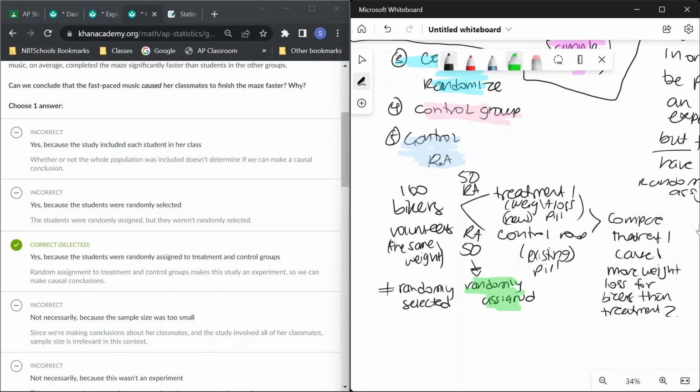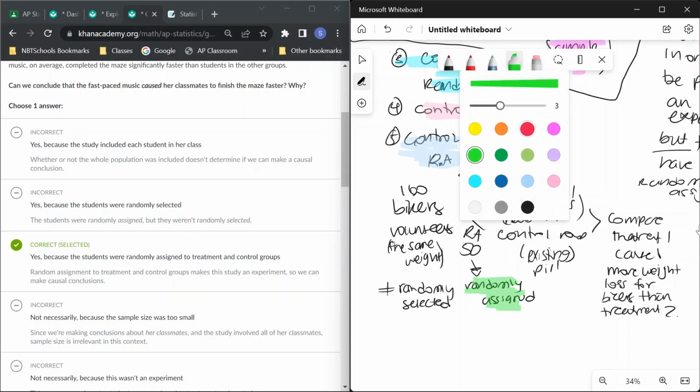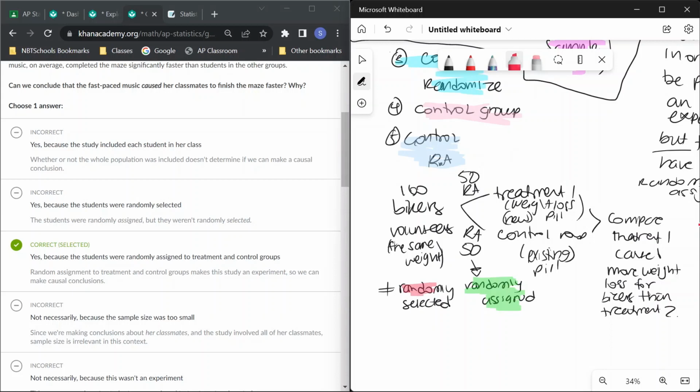But here's the thing. Because they weren't randomly selected, and how do you know that? Because they were volunteers. This result, this answer right here, can only be applied to those volunteers in the sample.